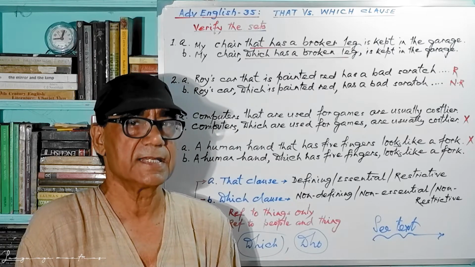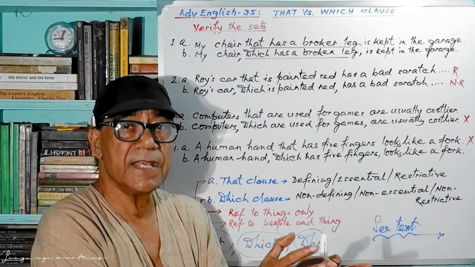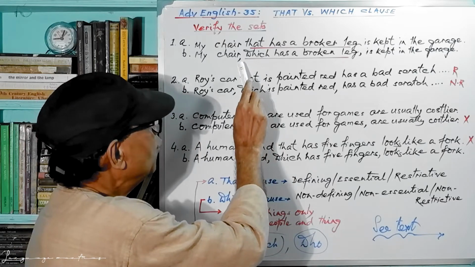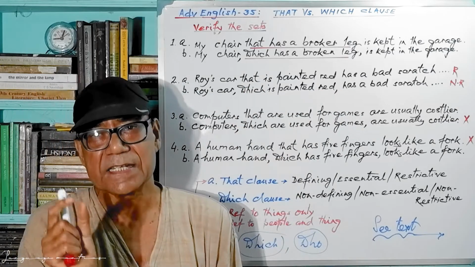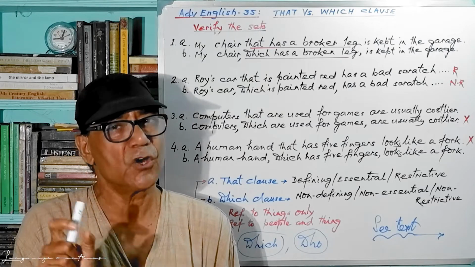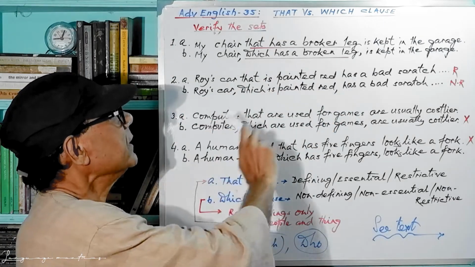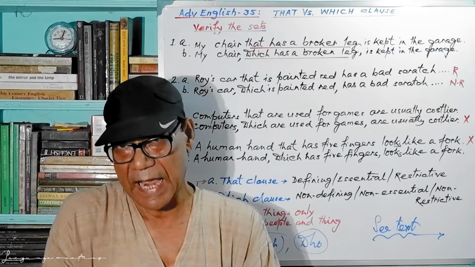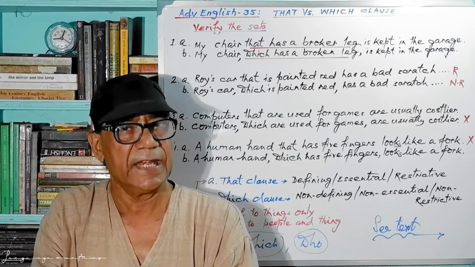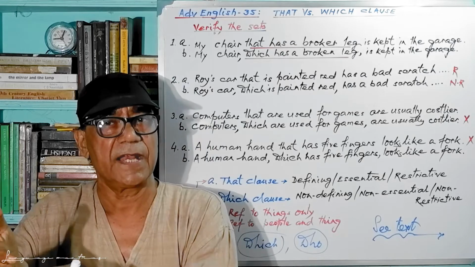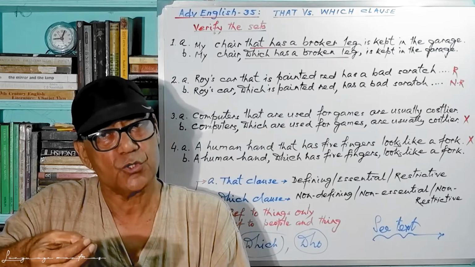And in the second sentence, it is used in the descriptive sense. This which has a broken leg is a description of a chair, not defining. It is not defining the chair, but that has a broken leg, that part is defining the chair. It is identifying the chair and thereby singling it out.